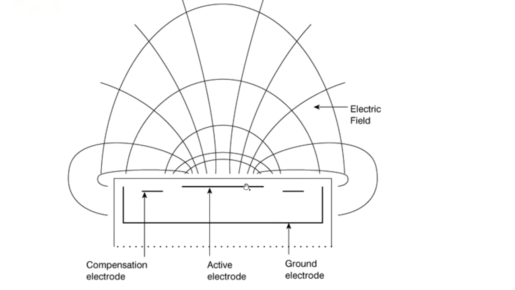And so what happens then is, as an object moves into this electric field, it changes the strength of the electric field. And when the strength of the electric field changes, then the voltage on these plates will change right away. And so that's how this capacitive proximity sensor works.